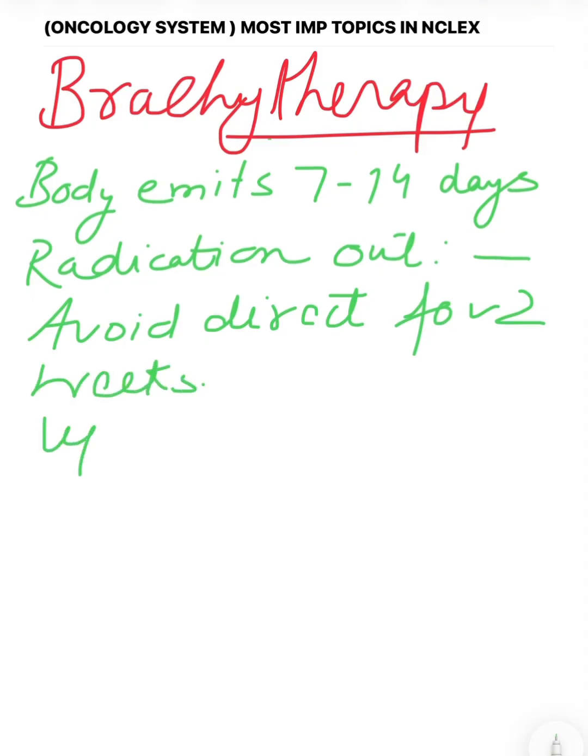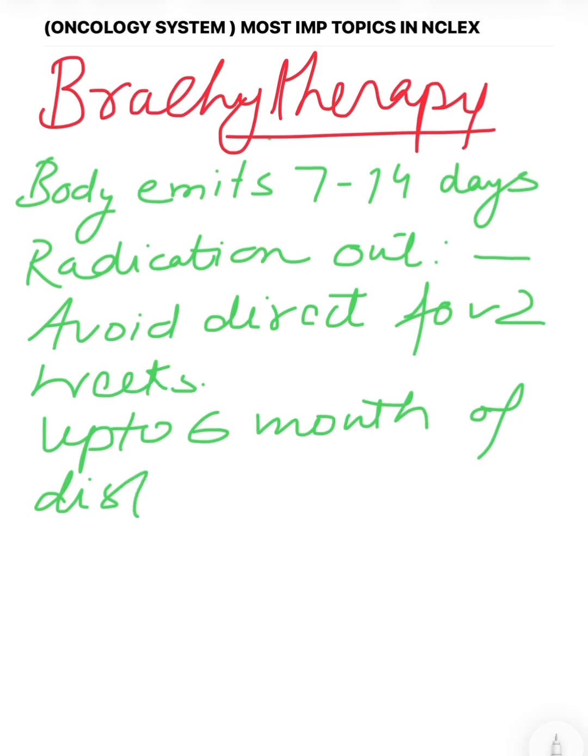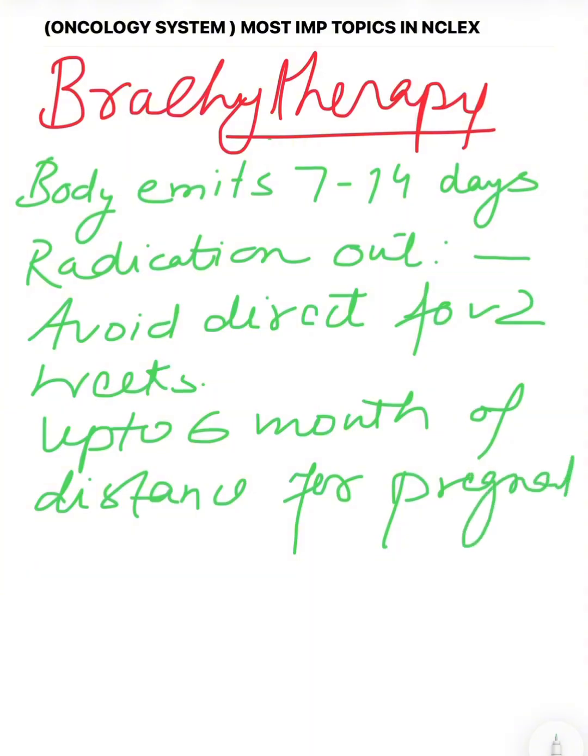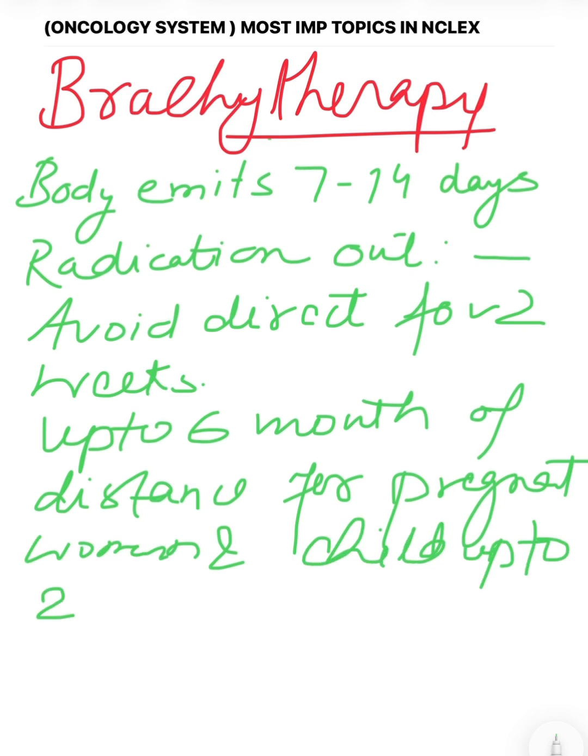Keep a distance of up to 6 months for pregnant women and children up to 12 years, so avoid contact. There is separate laundry, so transport the laundry in black polythene with double packing and airtight.